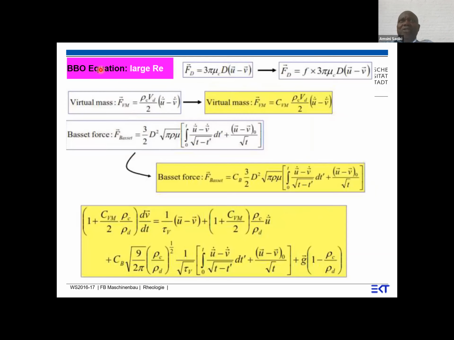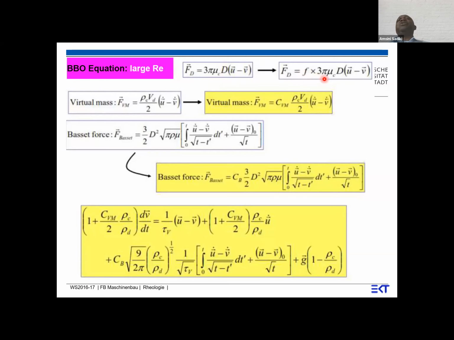So for large Reynolds number, this Stokes drag function should be modified a little bit, and we can introduce a factor here.